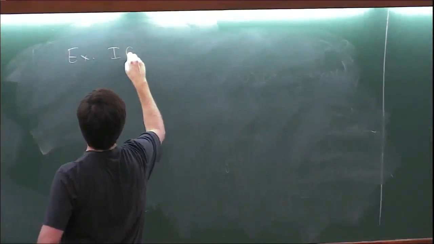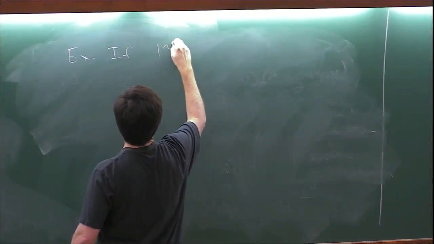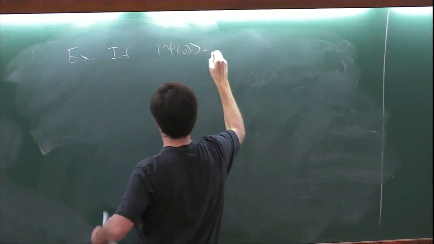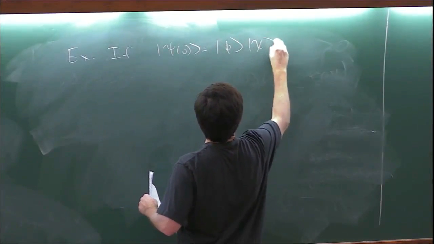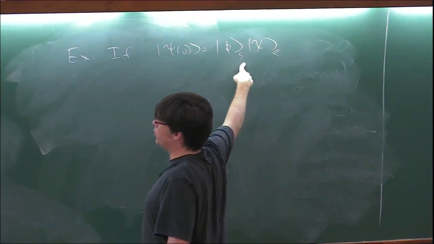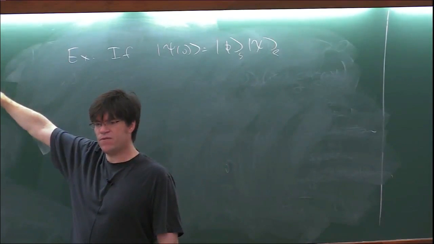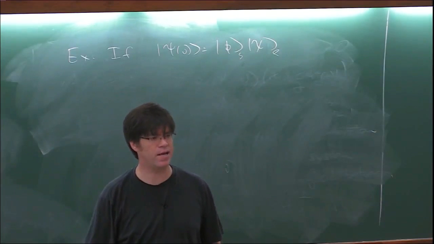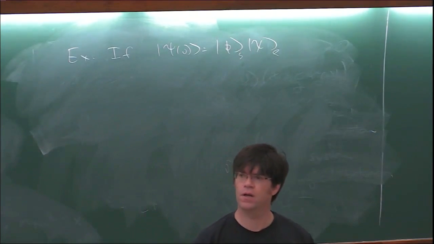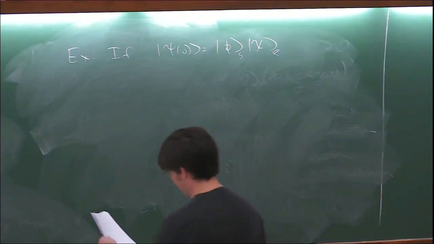If I start with an unentangled state at time t equals 0, I may start with an unentangled state, but when I evolve it forward in time, there are interactions, and the state won't remain unentangled. The state will become entangled due to the interactions.